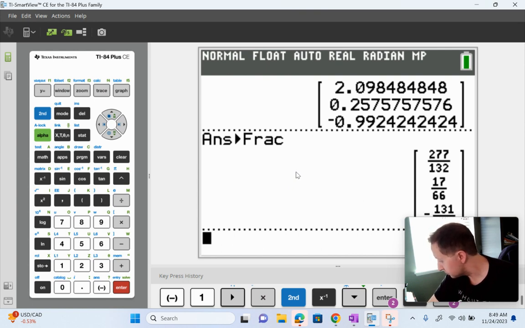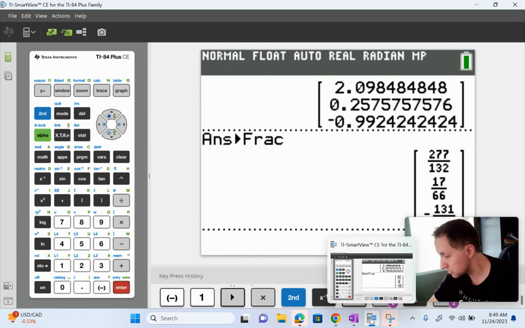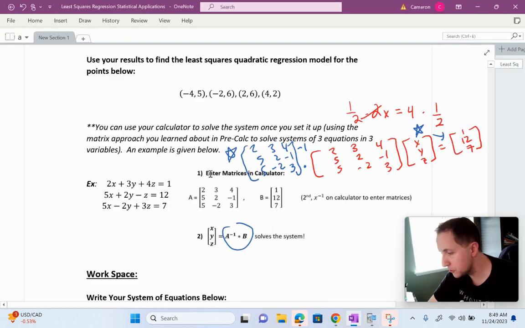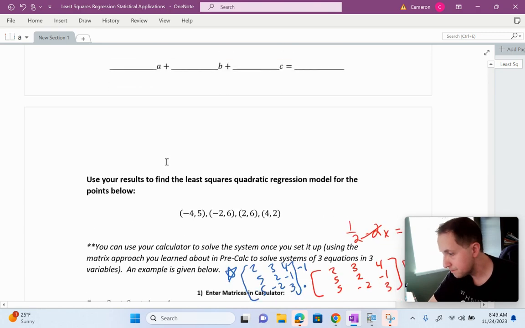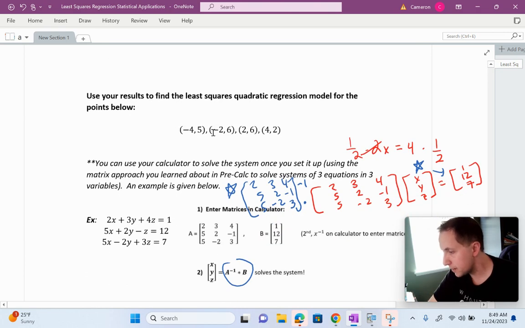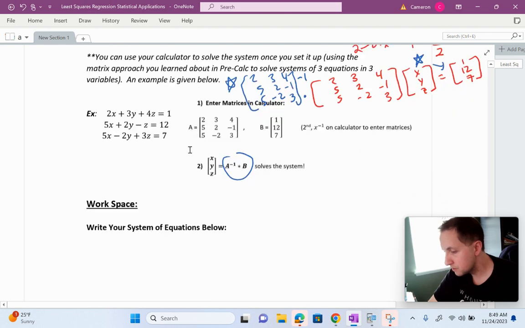You're going to need to do that for your actual system that you're solving for the sum of squared errors function. So just to summarize, you're going to find your system using the methods from section 14.7 and the strategy that we used for the line of best fit. You're going to implement the strategy with these 4 data points.